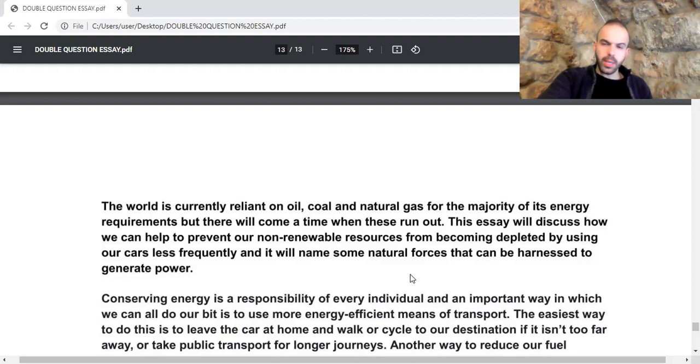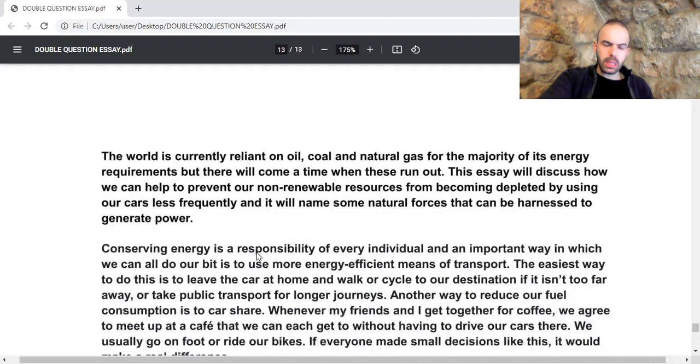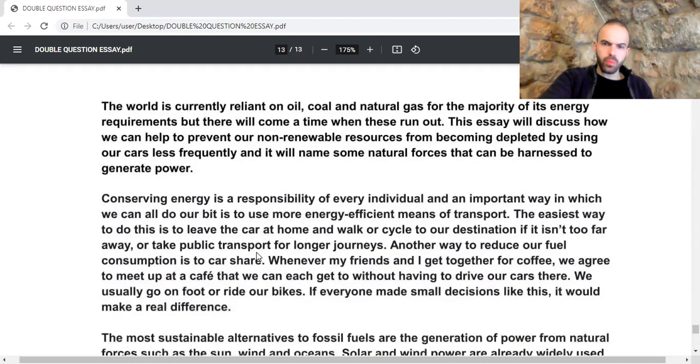So what did we use here? In the first one, we have "but" and "and". Another "way to" is a good conjunction word. "Whenever" as well. "Usually" is a good adverb.